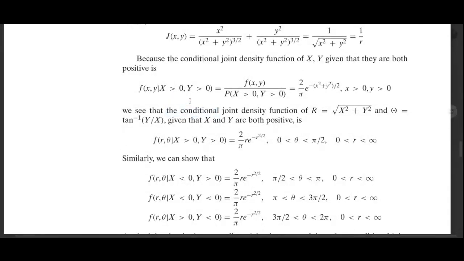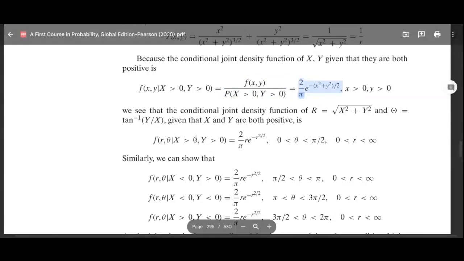Okay, so we see that both are positive, so we just consider the first quadrant. We have this density function f of x, y, with both positive.